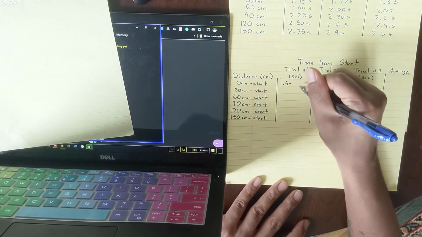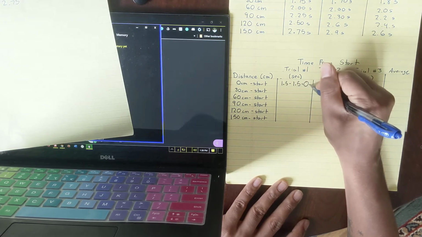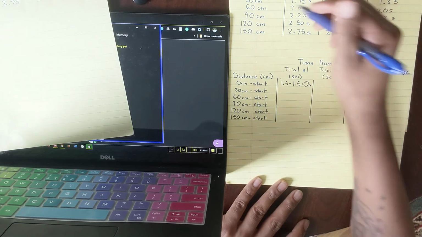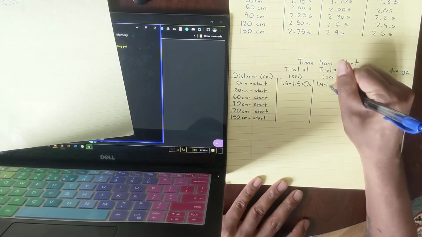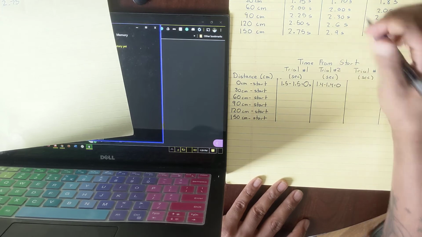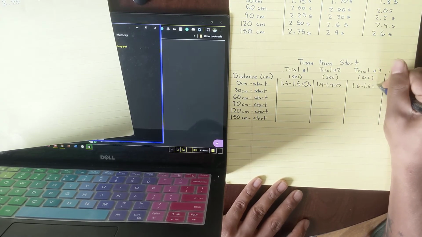So 1.5 minus 1.5, in this case, is 0. All right? So that's going to be the case for each trial at the beginning. We want to start each one at 0. 1.4 minus 1.4 is 0. 1.6 minus 1.6 is 0.